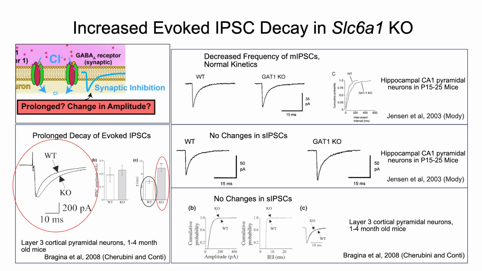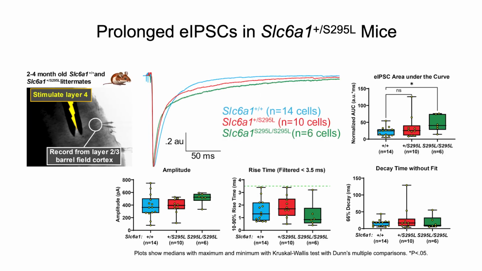So I set out to do this experiment in the mice and see if I could see a similar phenotype and difference. At first, I did it the same way that that group did. I patched a neuron in layers 2/3 and stimulated layer 4. For each neuron, I took an average trace, and then I averaged the traces for each genotype.